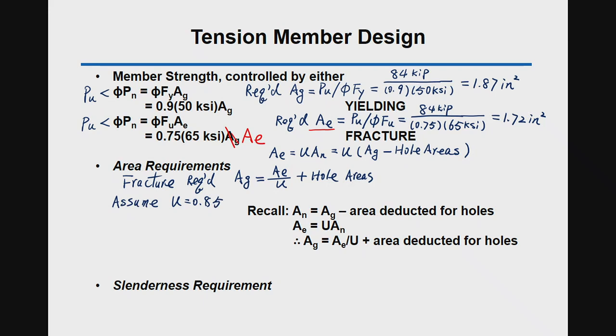So AG equals the required AE we calculated, 1.72 square inches, divided by 0.85, plus hole areas.